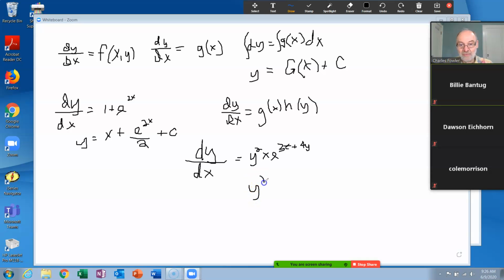This would be y squared x, and you can rewrite e to the 3x plus 4y as e to the 3x times e to the 4y.